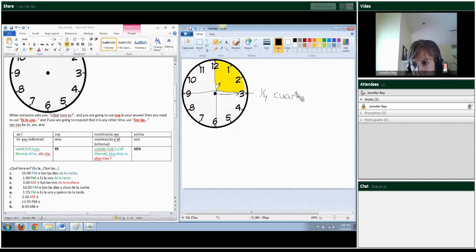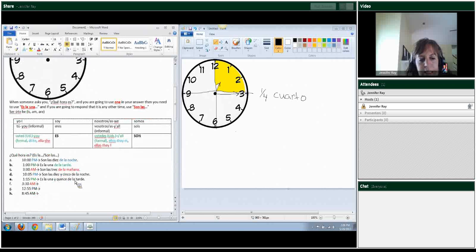"Cuarto." Looks like my kindergartner's writing. Okay. So what I can do when it's a fourth is I could say "es la 1:15 de la tarde," or I could also say "es la una y cuarto," or 1 and a fourth of the clock. I've gone a fourth of the minutes within the hour. So "es la 1:15 de la tarde."